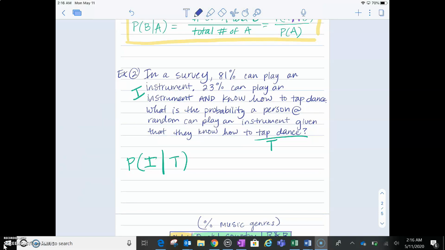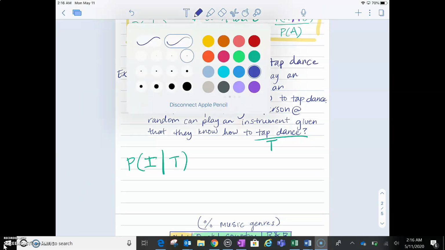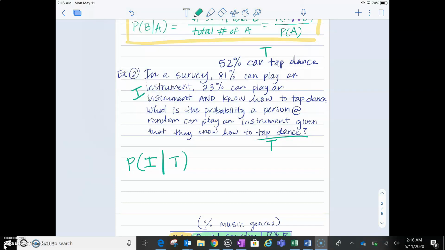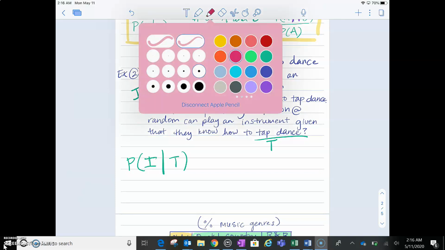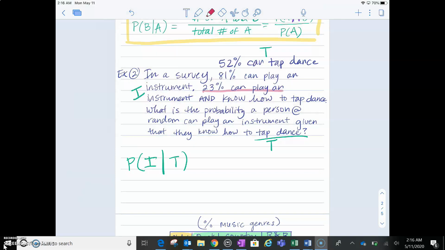So I want you to add to this: also in the survey, 52% can tap dance. And that is also our T. So we have I for instrument, T for tap dance, and we also know that 23% can play an instrument and know how to tap dance.